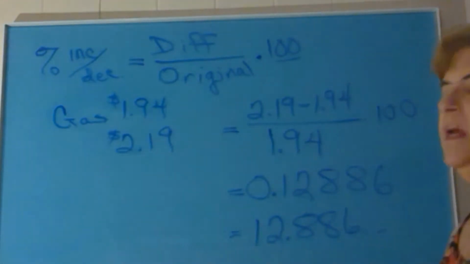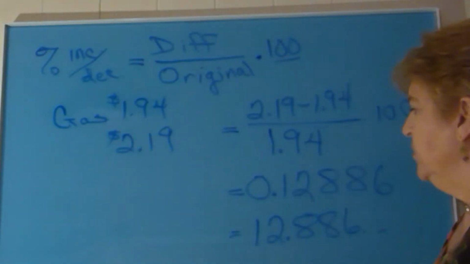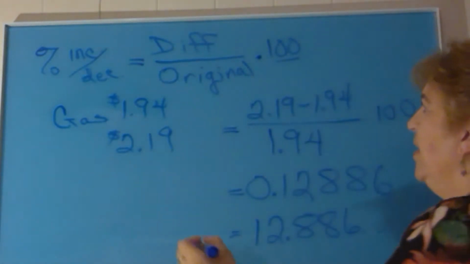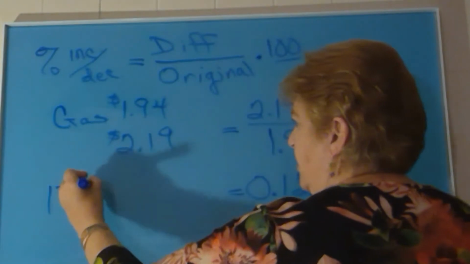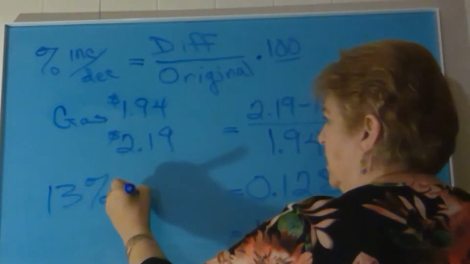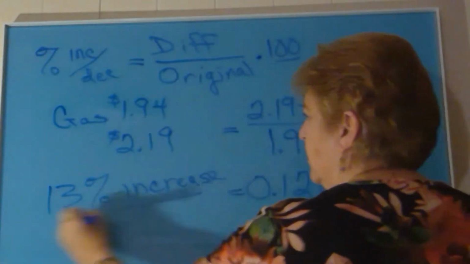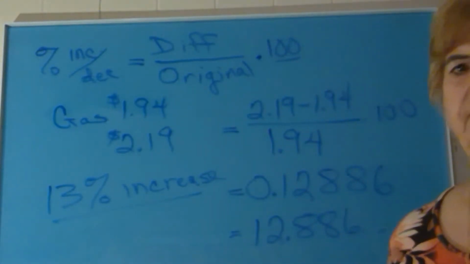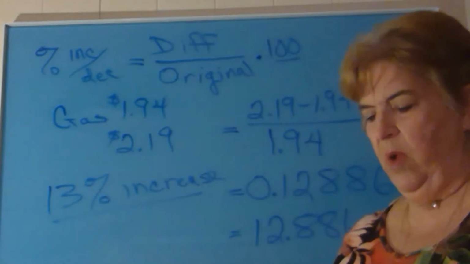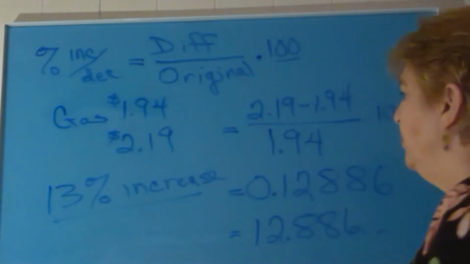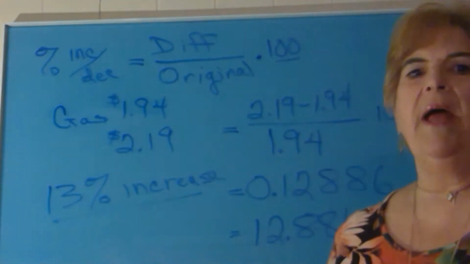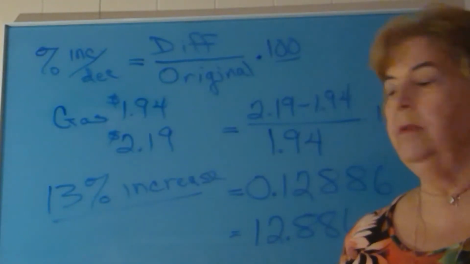If you wanted to round that to the nearest percent, that would be a 13% increase in price. So anyone that has had difficulties with percent increase or decrease, that's all you need to do for those.